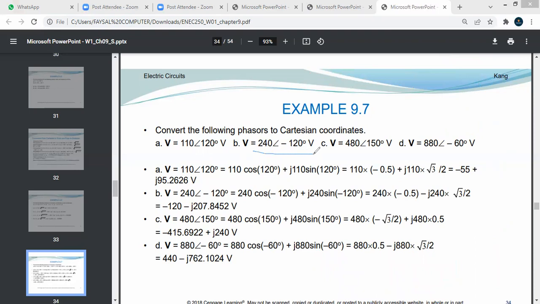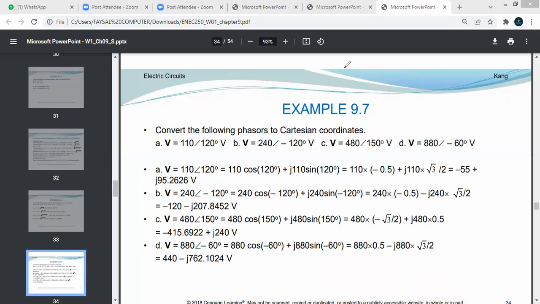It is 240 with angle minus 120. So 240 again is the amplitude and minus 120 is the phase. So how to write it?